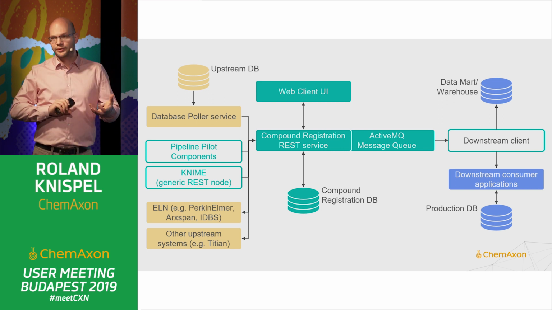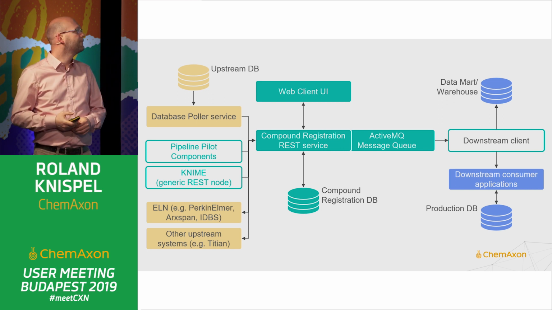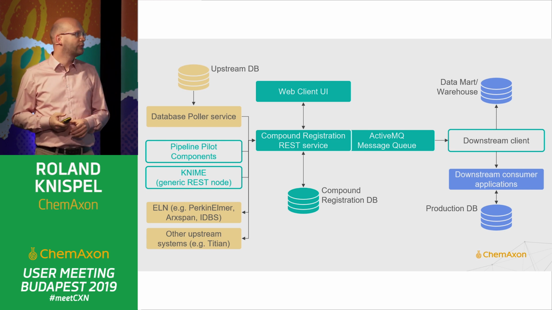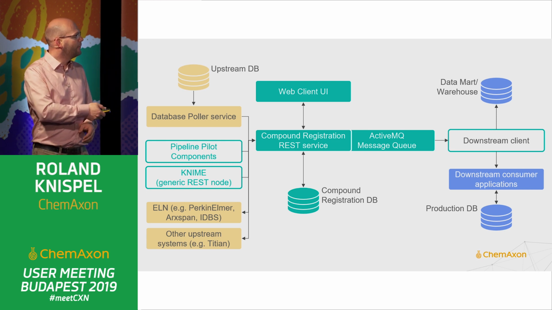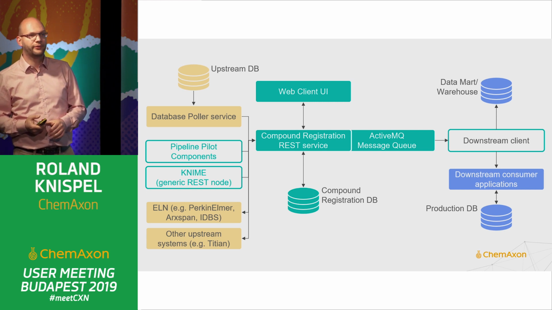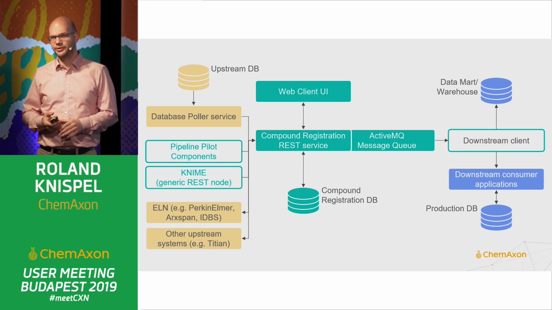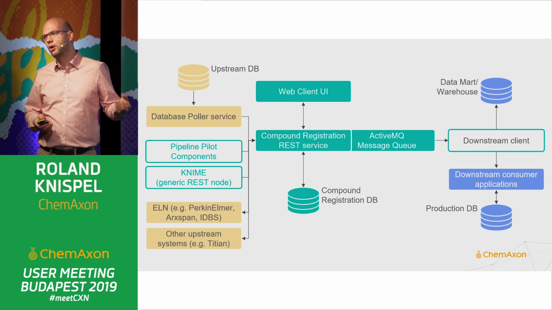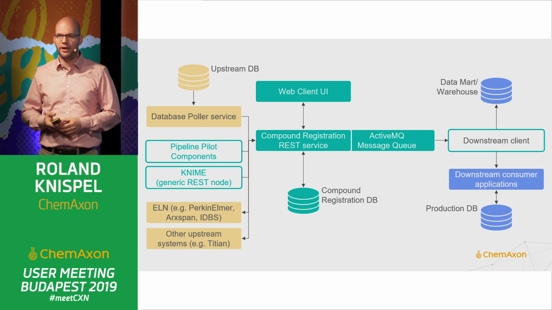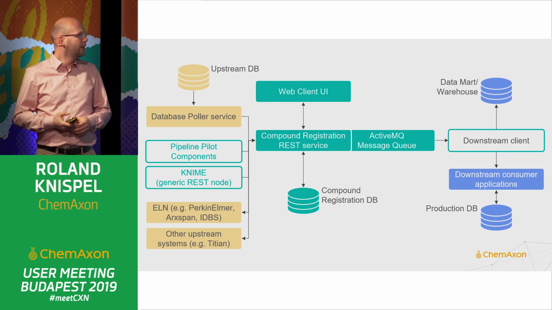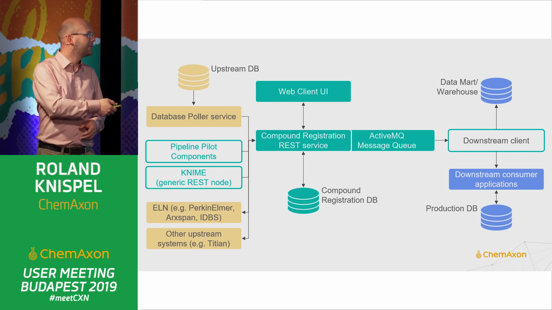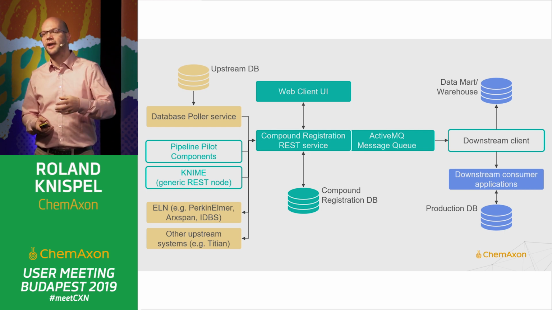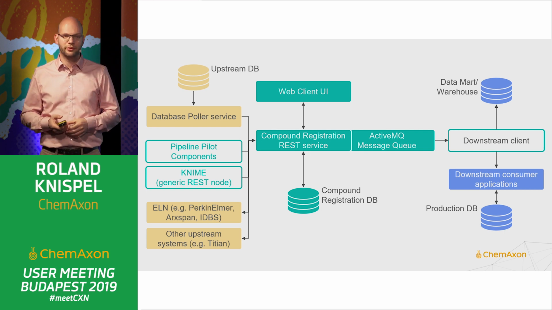For direct user interaction, we have a web front end that runs in any modern major browser. And downstream of the compound registration, we have a message queue system. That is a system that essentially collects a log of activities within the registration database in order to publish, for downstream consumer systems, information about what has been changed in respect to the compounds.